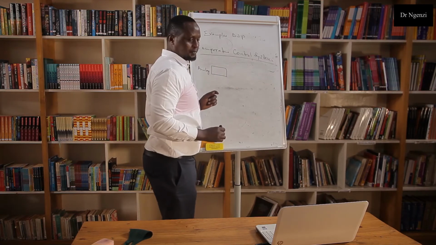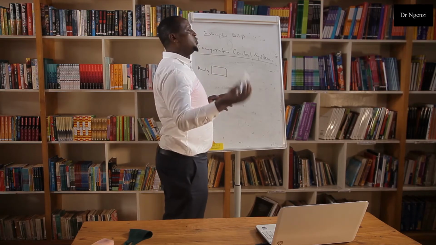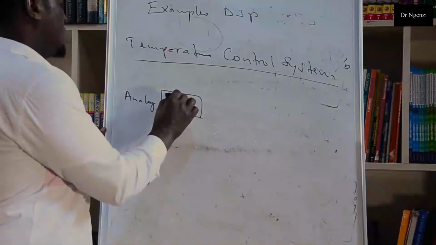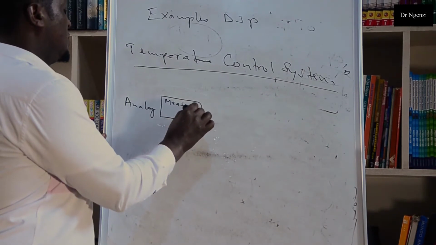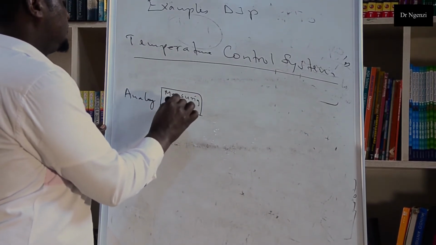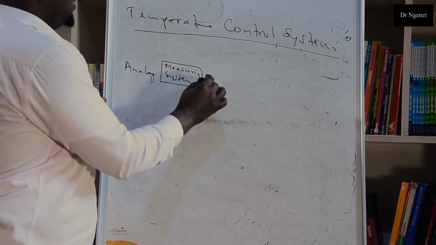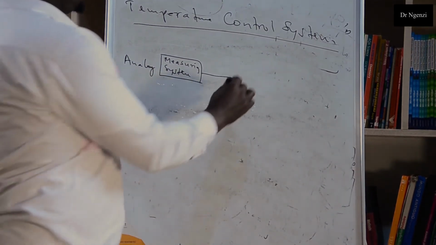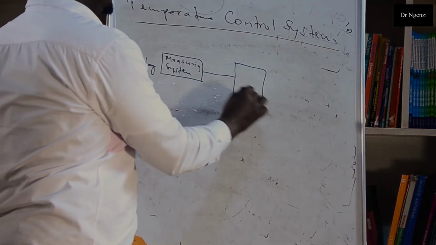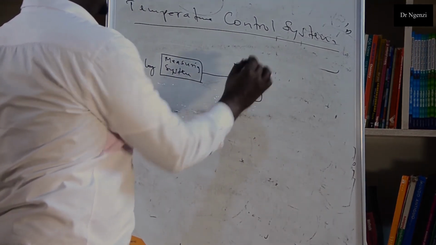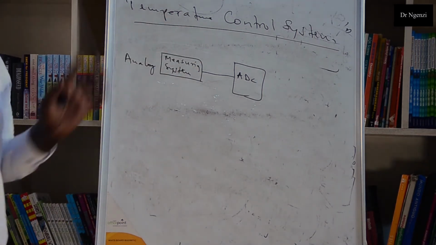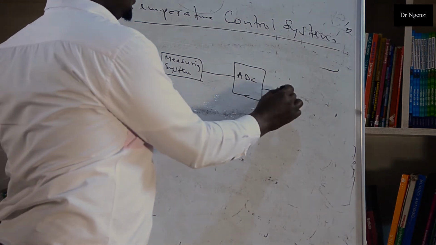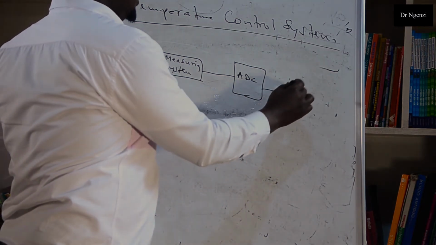One of the blocks is going to be a measuring system, for example, and then it goes to the analog to digital converter. You can write the full meaning of this. So it goes to using digital or DSP.